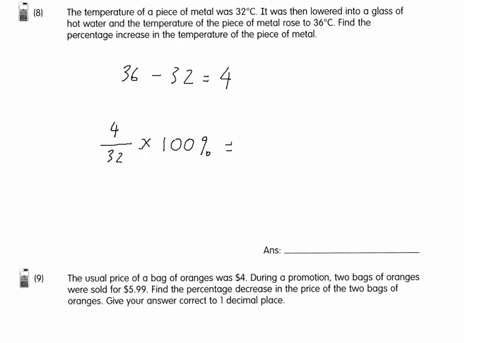So now looking at this, 4 over 32 times 100% without using your calculator. Without using your calculator, Jing Kai, tell me what's the answer. I may change to any of you soon. Better start thinking.